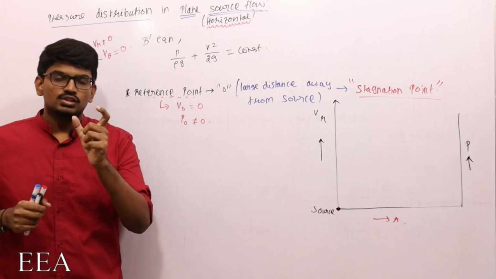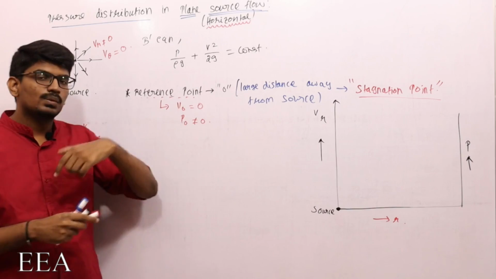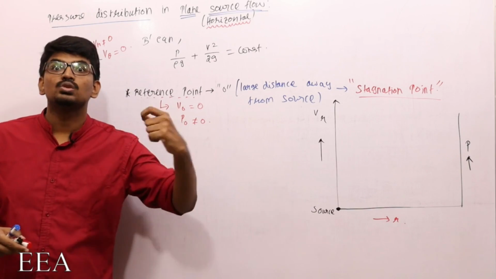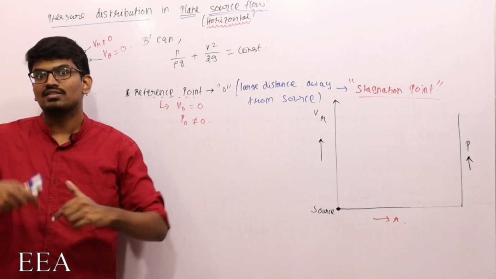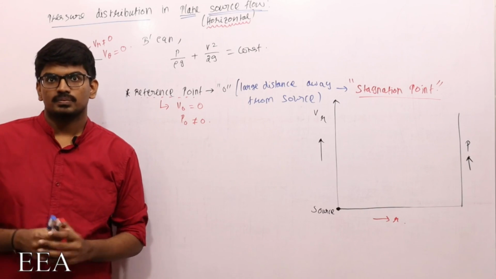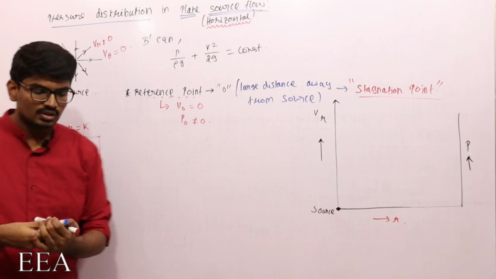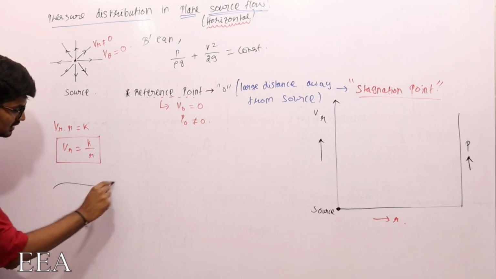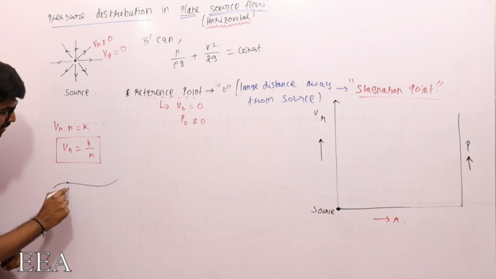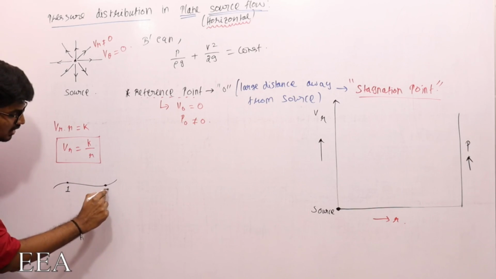Keep that in mind. If the flow is irrotational, then Bernoulli's equation can be applied between any two points in the flow field. We know that already, which I discussed in fluid dynamics. If the flow is rotational, I can apply Bernoulli's equation only along a single streamline. If this is my streamline, I will apply Bernoulli's equation between 1 and 2 only.